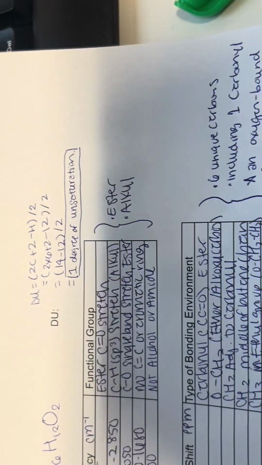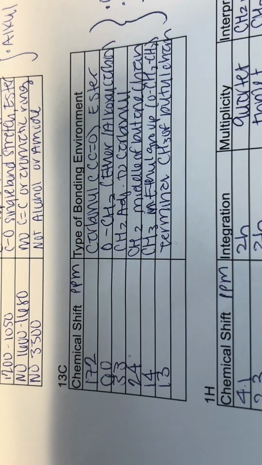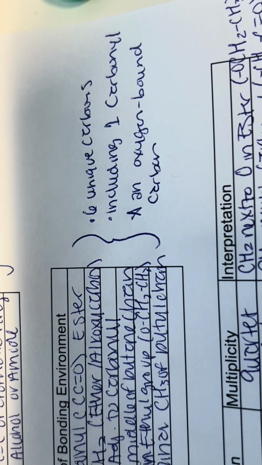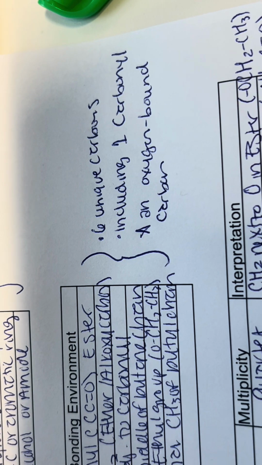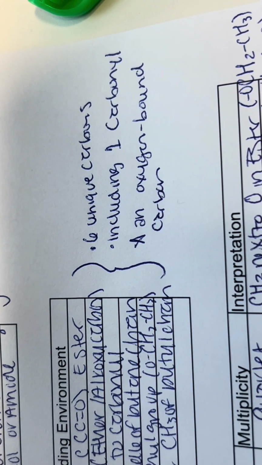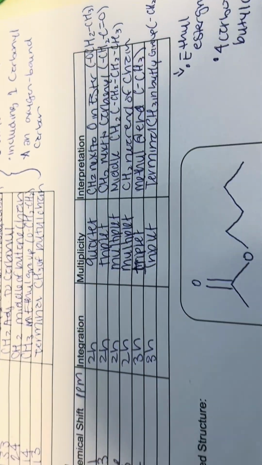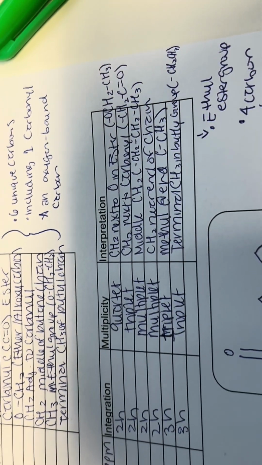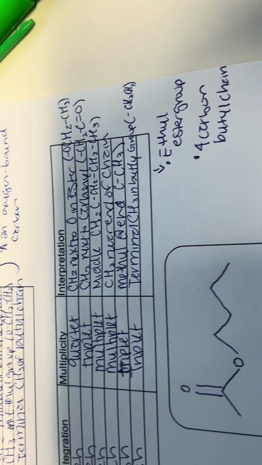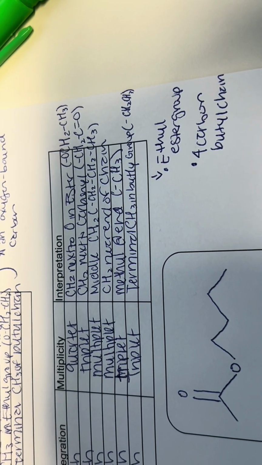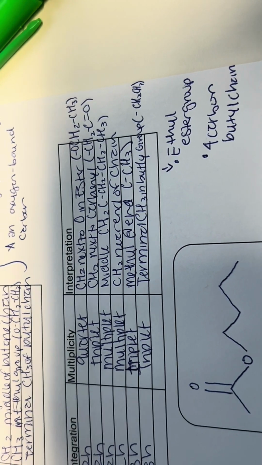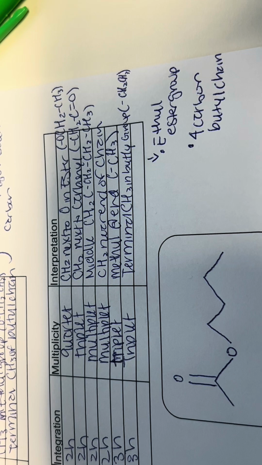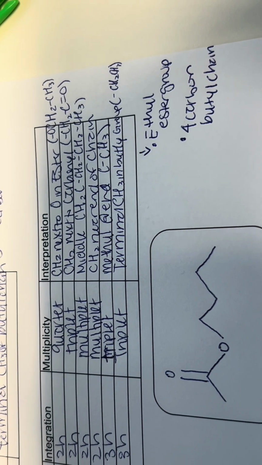Then the 13C NMR spectra matches with 6 unique carbons, including 1 carbonyl and an oxygen-bound carbon. And the traits that we gathered from the 1H NMR spectra are that we got a clear layout of it being an ethyl ester group, and this also showed us that there was a 4-carbon butyl chain.